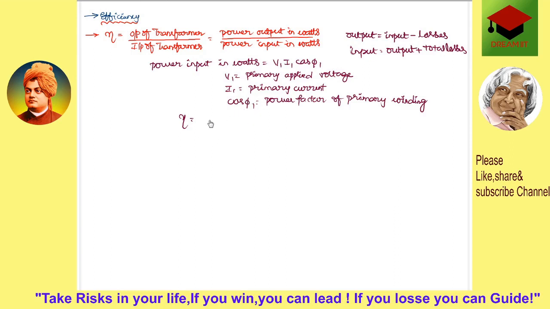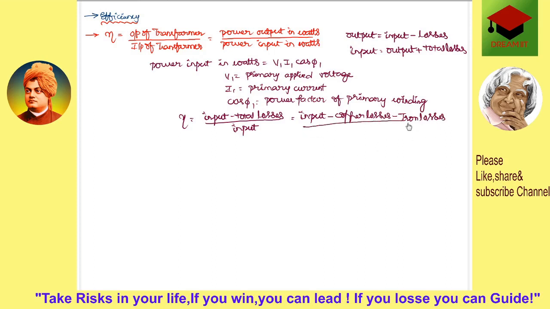So in the numerator I write input minus total losses, divided by the input. The total losses we have seen in the last video are copper losses and iron losses. These are the two major losses occurring in the transformer.